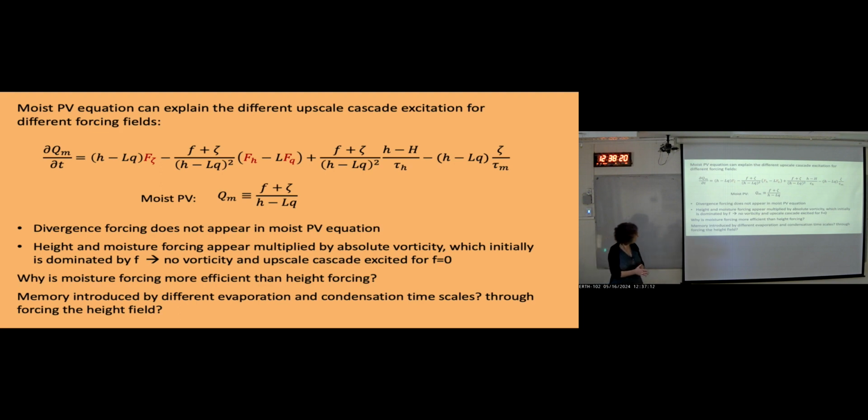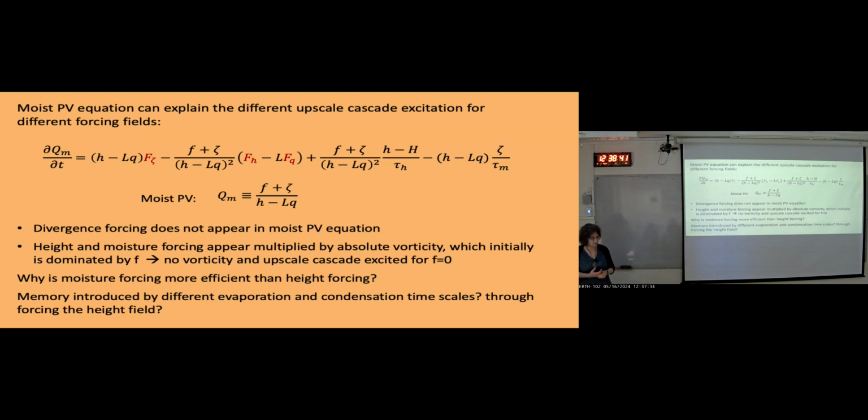The reason why moisture is more efficient than height forcing might be because it introduces memory. We've played a little bit with this. Memory is introduced by different evaporation and condensation timescales, but this is still something we're examining.